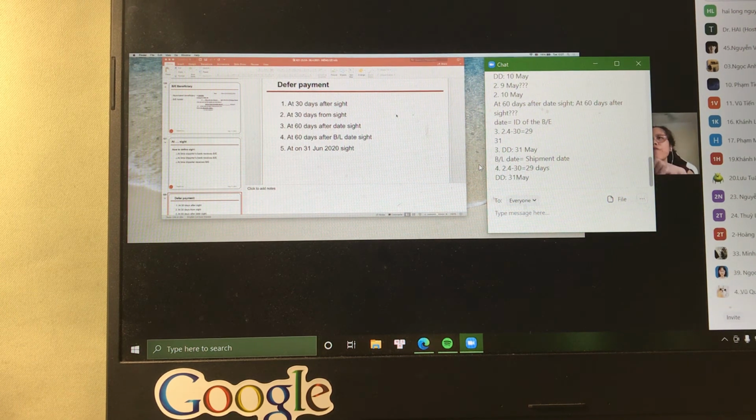That's why the due date falls on the 31st of May, but not the 1st of June. So the same result as case number 3. Yes, the same, because the issue date of the BE is the 1st, and the OBN of the BE is the 1st too, the same day. That's why we have the same result.